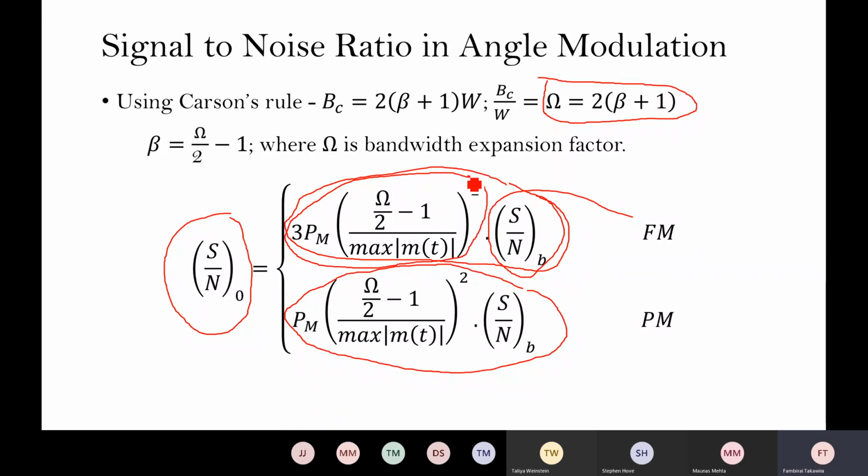The only thing is that the eta we had for DSB full carrier is different from the eta you have for FM, and also different from the eta for phase modulation. But the general form of the two expressions is the same. Okay, right.